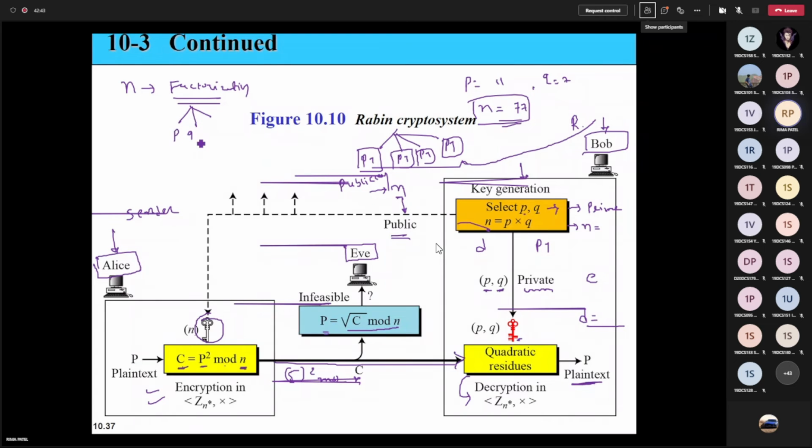Here the keys are P and Q. He or she has to do the factorization of n in such a way that he or she gets the correct P and Q. Then these P and Q should be applied for the 4 different plain texts, because you'll get 4 different plain texts whenever you use this Rabin crypto system.